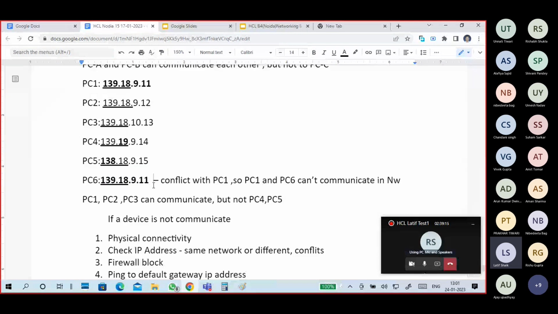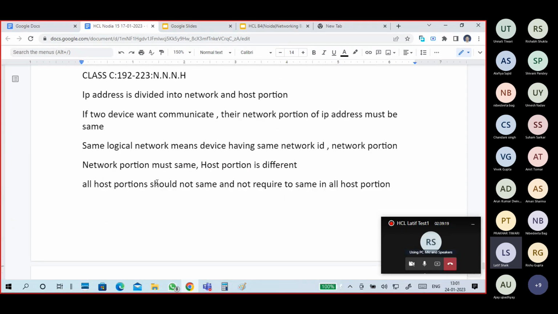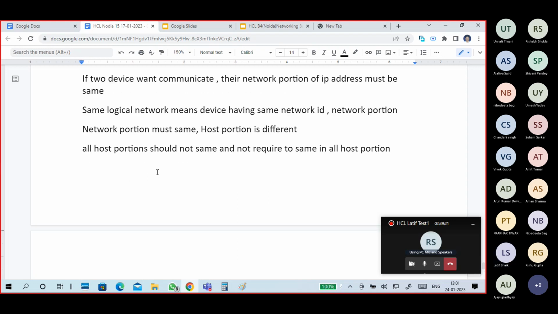Which one should be different? Any of the host portion. The network portion must be the same, and any or all of the host portion is different.